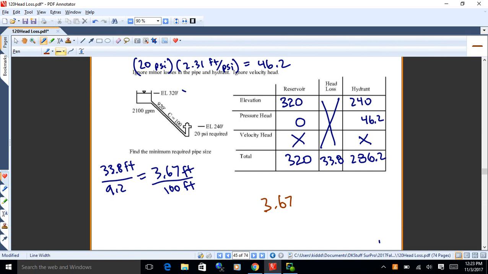So what are we going to do this time? You got 2,100 gallons per minute this time. Find something that's gonna have a head loss at a flow of 2,100. No less than 3.67 head loss? Well, no greater. Or is it greater? Yeah, right.